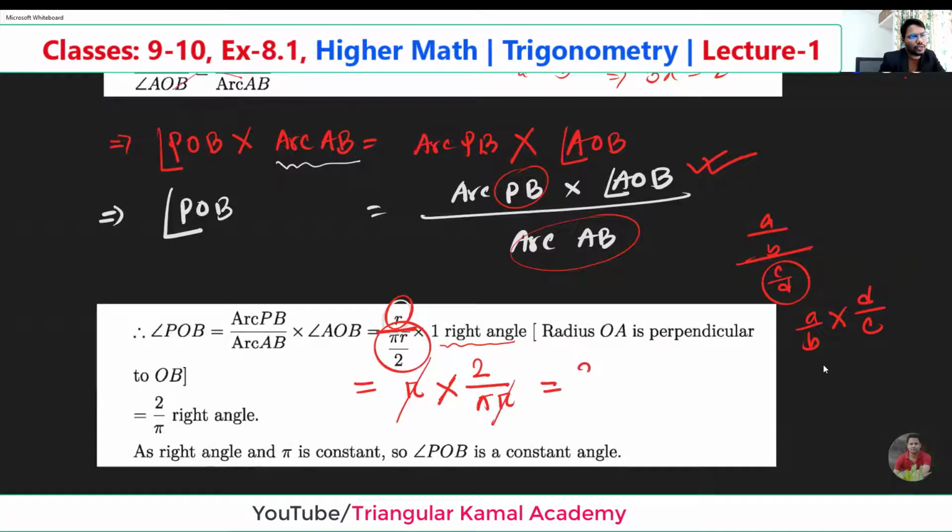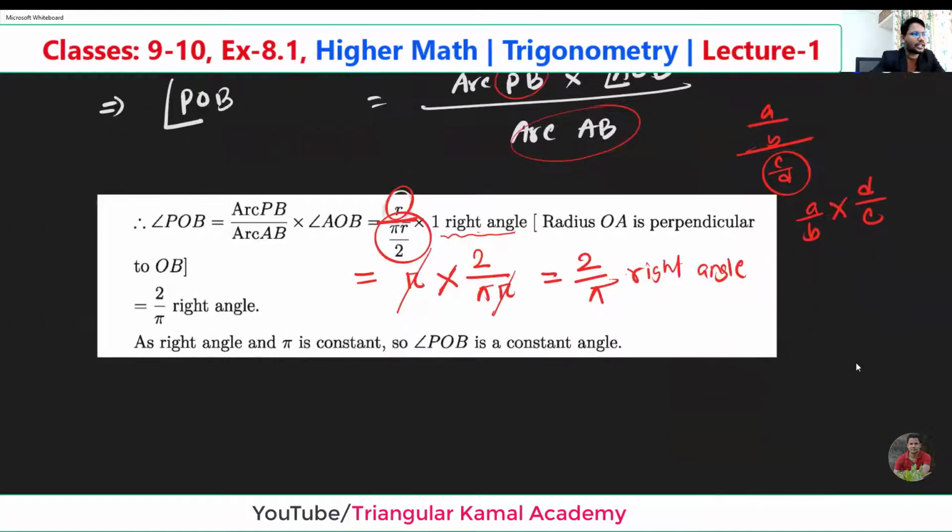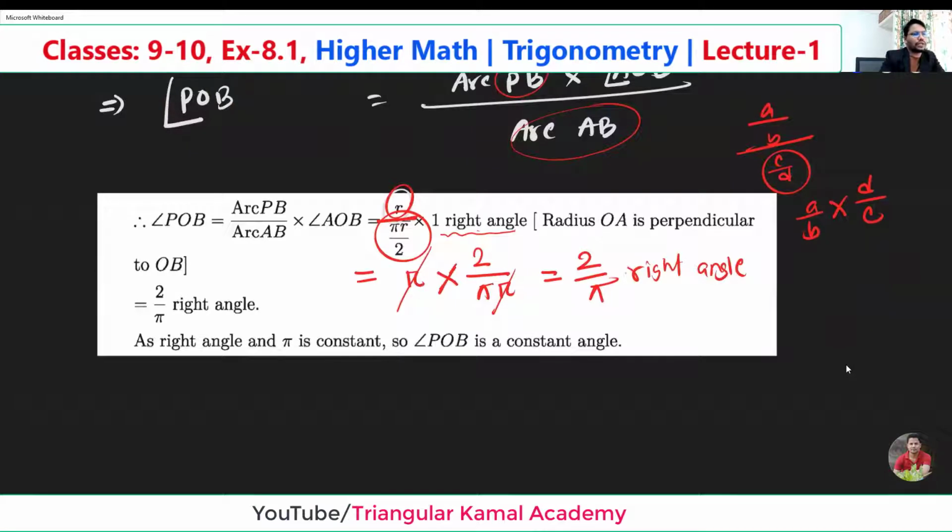So finally we will get 2 by pi, and the unit is right angle. So finally we get the value of the radian angle is 2 right angle divided by pi.